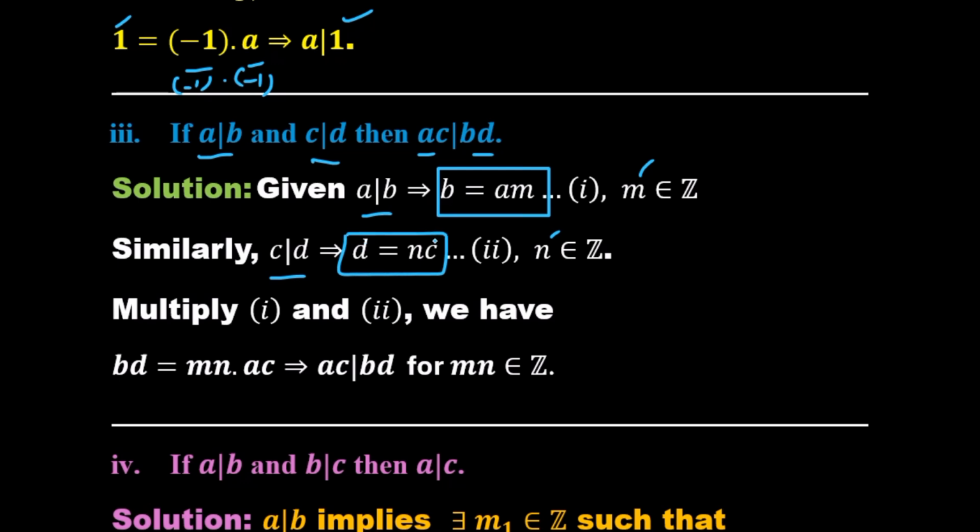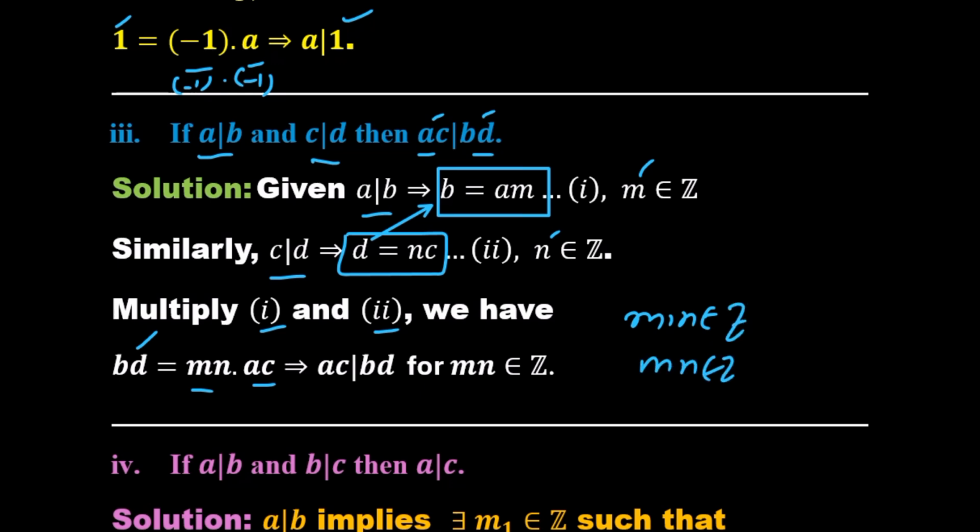As we have to make the form of BD, that is the product of B and D, and AC, so we multiply equations number 1 and 2. By multiplying left side with left side and right with right of both equations, we have BD is equal to mn into AC. As m and n both are integers, their product is also an integer.